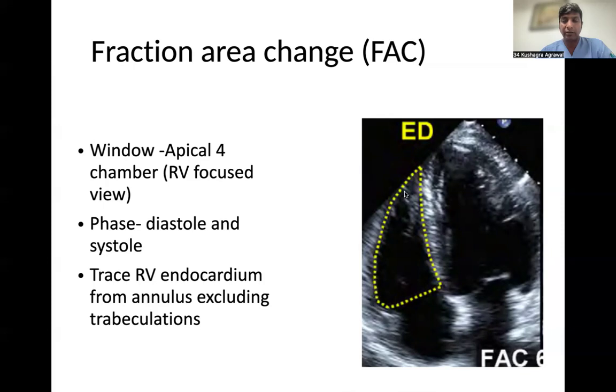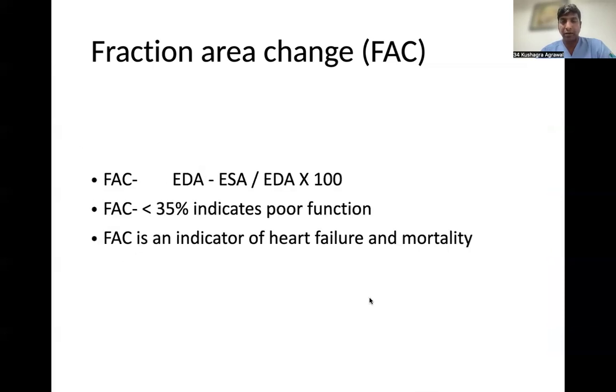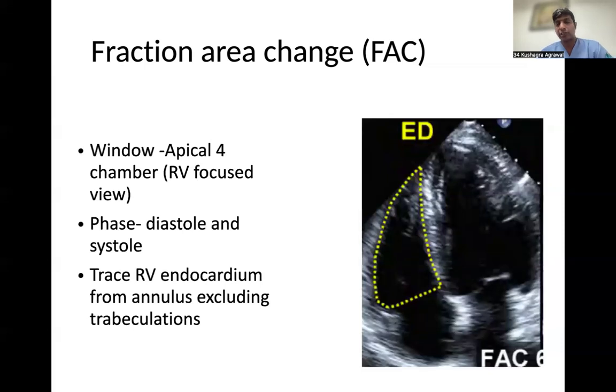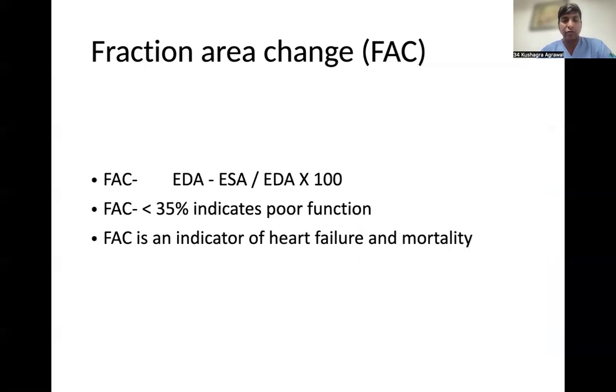We trace the endocardium excluding all the trabeculations up to just below the annulus, and this area is measured. Similarly, this area is also measured in systolic phase, and the formula is: fractional area change is basically end diastolic area minus end systolic area divided by end diastolic area multiplied by 100. If fractional area change is less than 35%, it shows poor RV function.